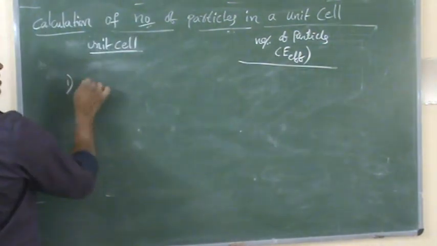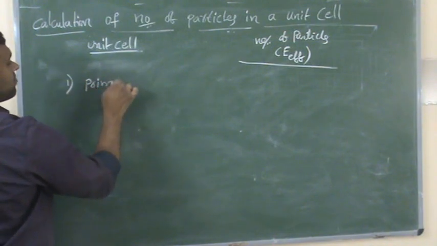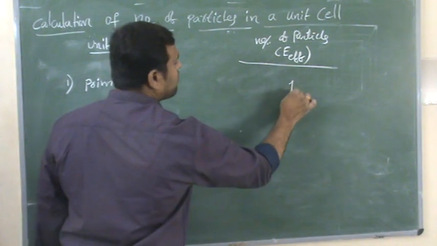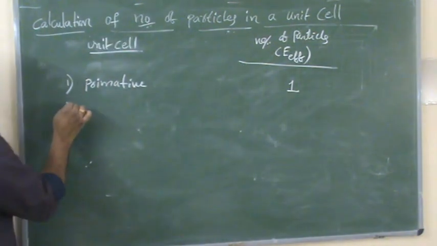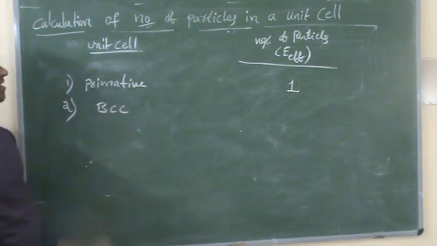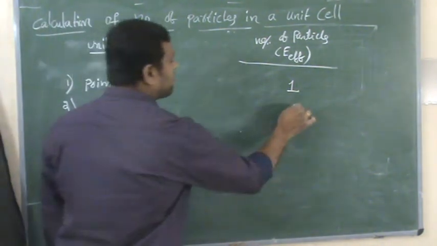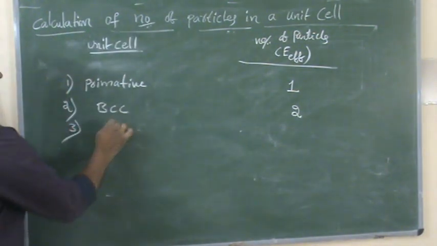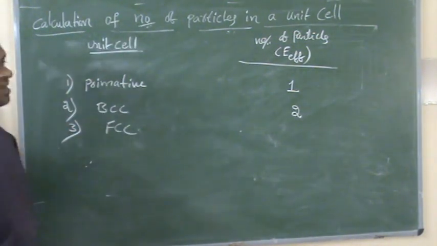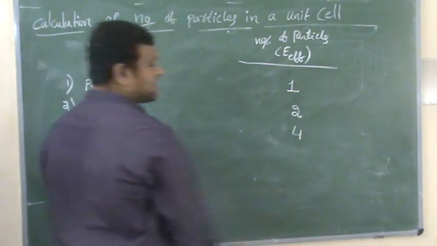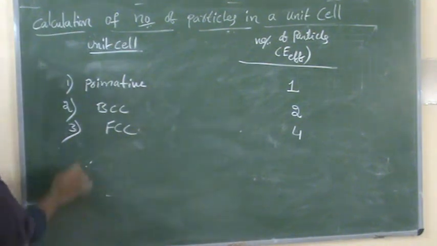First one, primitive. How many particles are present in primitive? 1. Next, second one, BCC, body-centered unit cell. What is its Z effective? 2. Third one, FCC. How many particles are present in FCC? 4. Correct? Yes.